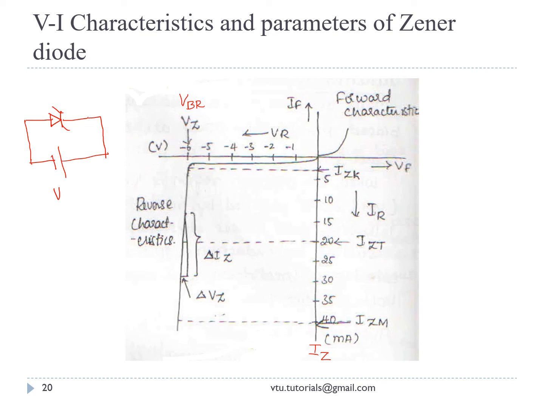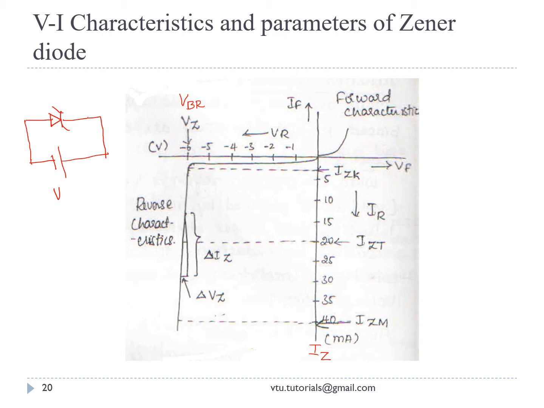The voltage at which the Zener breakdown occurs is called VZ. VZ is the reverse breakdown voltage. We'll see this parameter along with this characteristic. VZ is the reverse breakdown voltage. After that there will be a sudden increase in the Zener current.